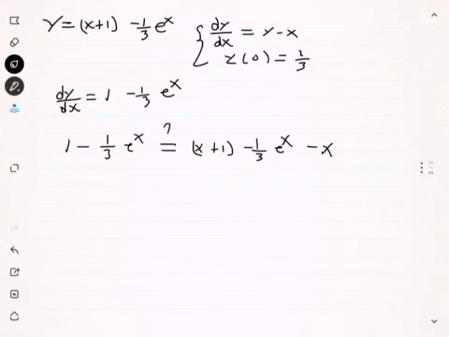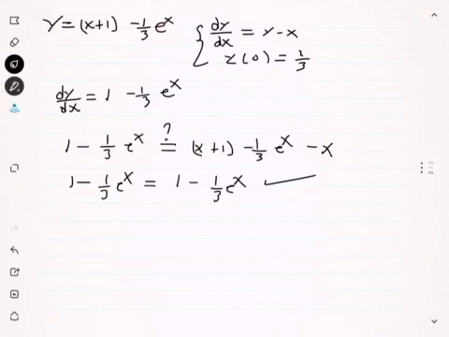And the idea is to see if the left hand side equals the right hand side of the differential equation by plugging in y and dy dx from the given solution. We get on this side 1 minus 1/3 e to the x, and on the other side we get the same thing, 1 minus 1/3 e to the x, because the x cancels with that x.